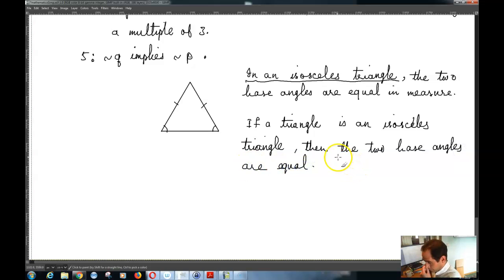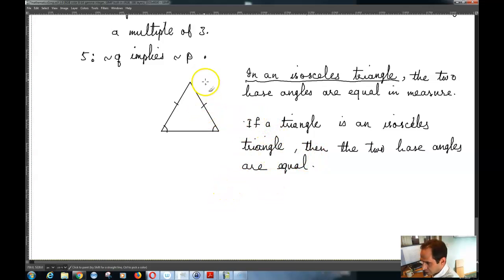Okay, so if a triangle is an isosceles triangle, then the two base angles are equal. And of course you have to prove this in geometry, and then you use it as a theorem.